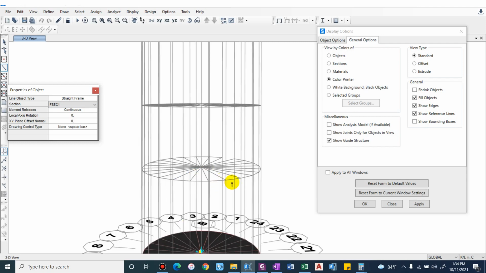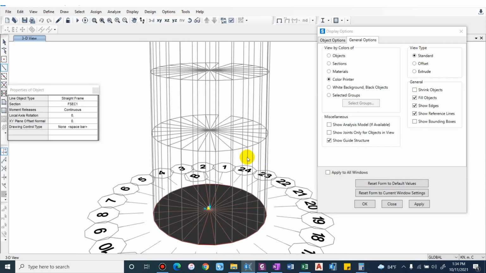You may find other ways to model shell element also, but this is how I model shell element for a circular grid. Again, as I said, the inner face, where the water surface will act, should be the bottom surface, so for now the red surface should be facing towards us, that means anti-clockwise.